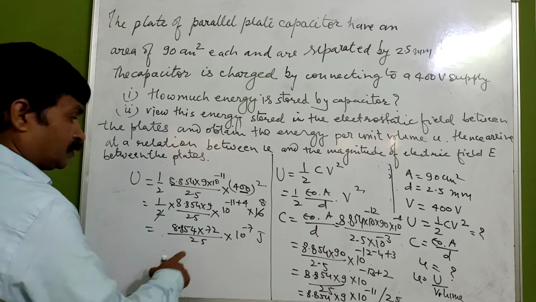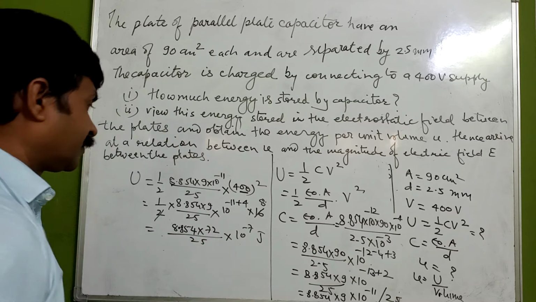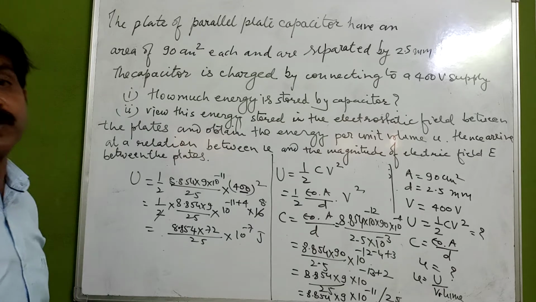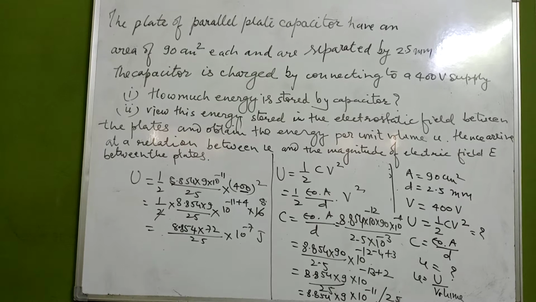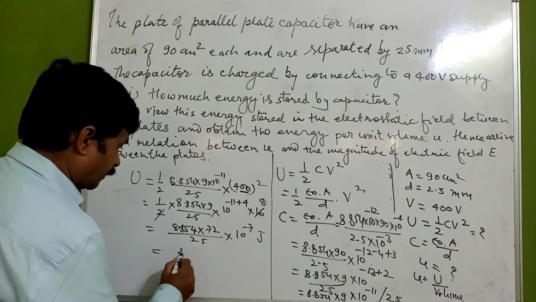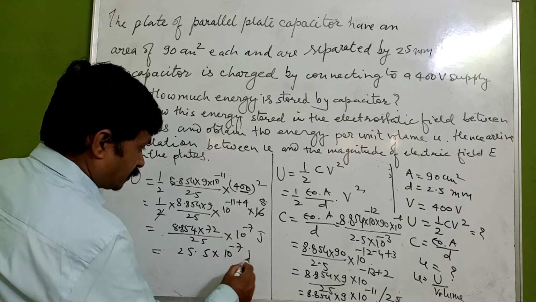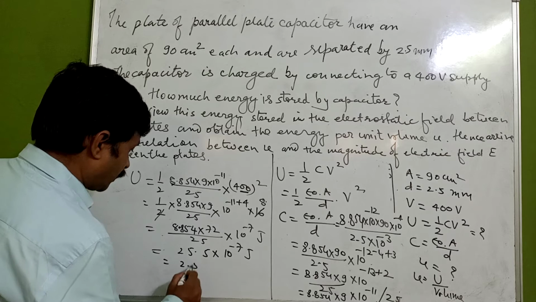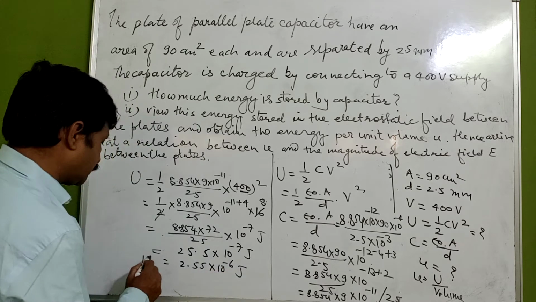So 8.854 into 72 upon 25 into 10 raised to the power minus 7 joule, which we have to calculate. If we calculate it, it is going to be nearly 25.85 into 10 raised to the power minus 7 joule, that we can take as 2.55 into 10 raised to the power minus 6 joule. This is the energy which we are getting.